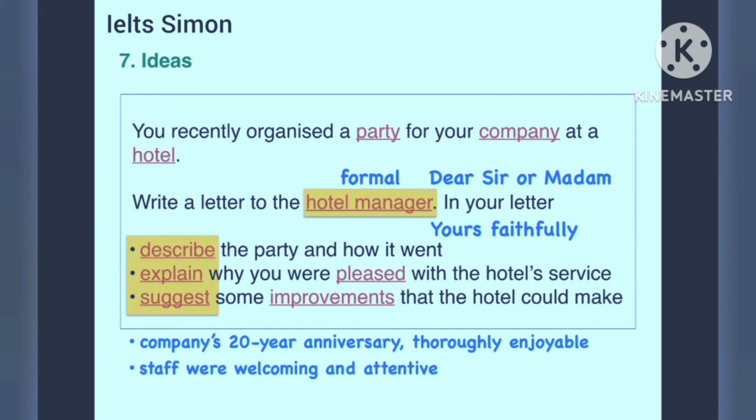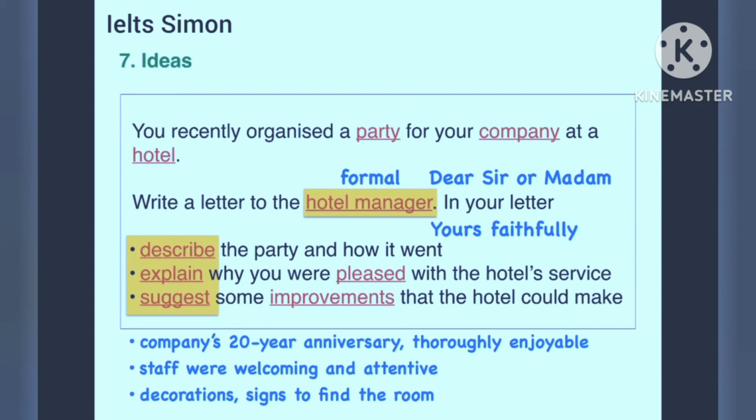So we'll say that the staff was the best thing about the party, or the hotel service anyway. And finally, suggest some improvements. Well, it says some improvements, so let's have more than one. Let's have 2. The decorations could have been improved, and maybe the signs to find the room. We could say that some people couldn't find the room very easily.